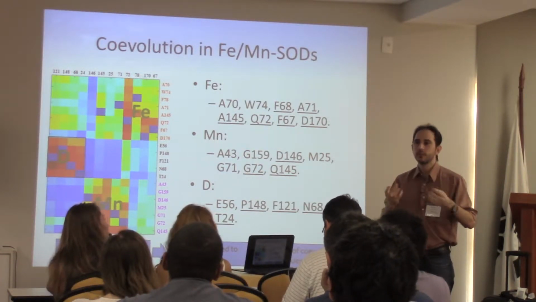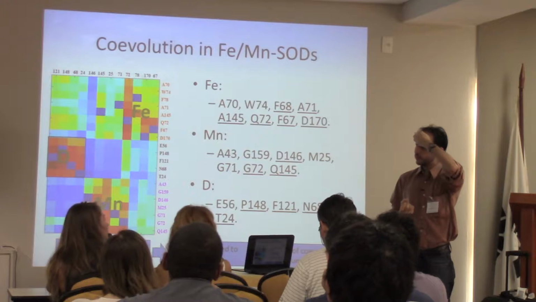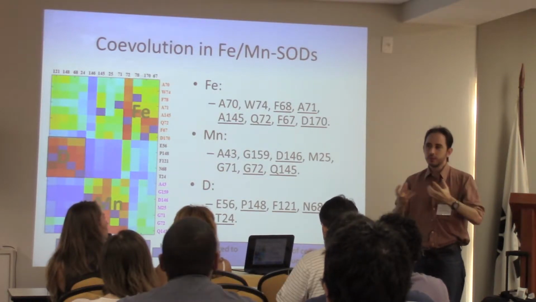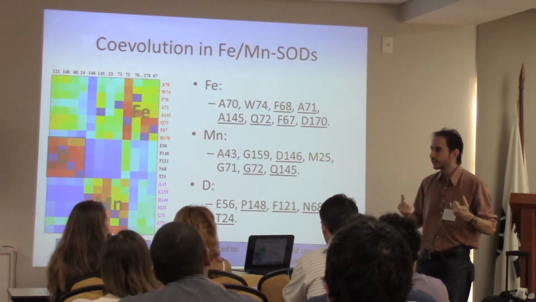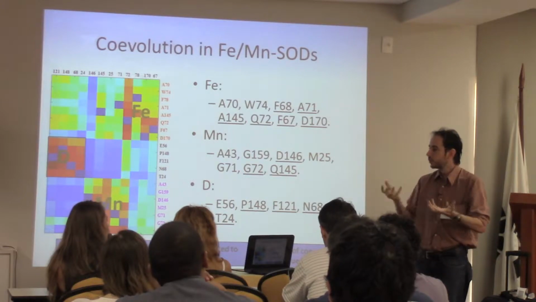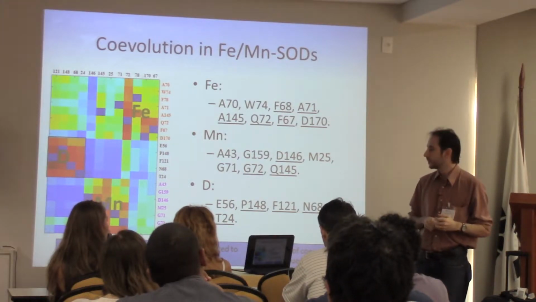Probably it will be a set of them. And this means that if the multiple sequence alignment is sufficiently populated by proteins from different classes, then we are expected to find these sets of correlated positions by doing an analysis like this.